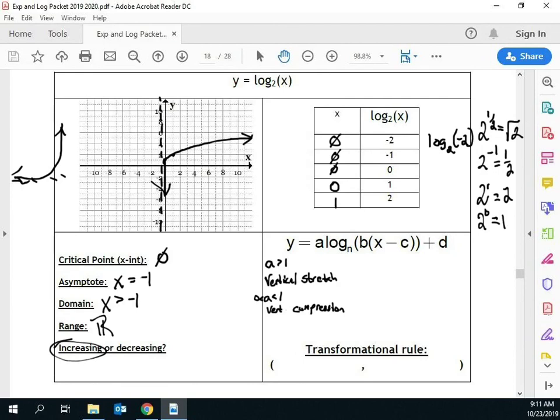And then, of course, if you talk about the sign of it, and I guess I should do this, guys, sorry, make it an absolute value. We're not concentrating on the sign when we're talking about compression or stretch, guys. We're only worried about the value of it, okay? Then let's talk about the sign. Well, if it's less than 0, it is flipped over the x-axis.